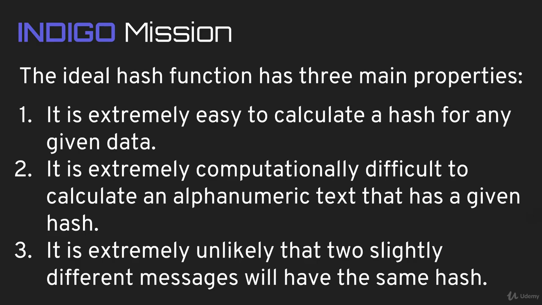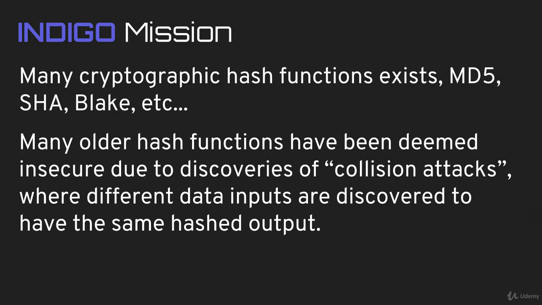That is, it must be really hard to go from the unique hash, knowing the hash function, to go back to the arbitrary data. And then the third one is that it has to be extremely unlikely that 2 slightly different messages will have the same hash. These 3 components are the main properties that a cryptographic hash function must have.